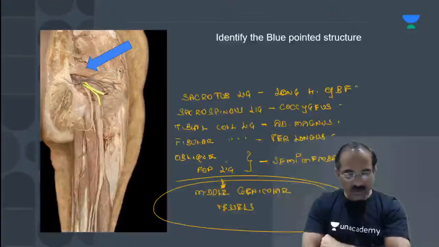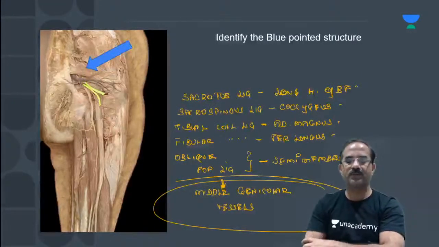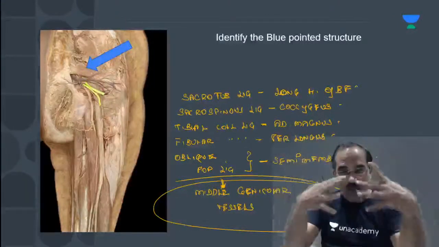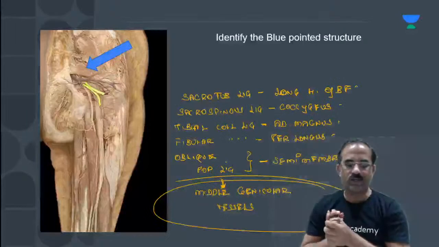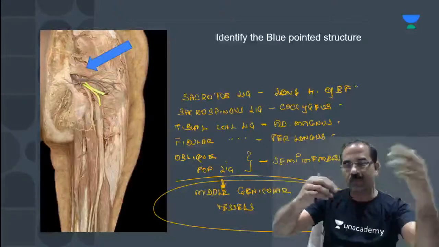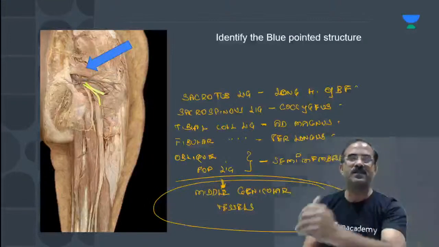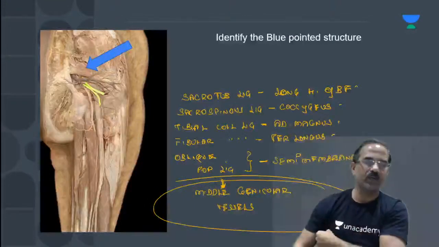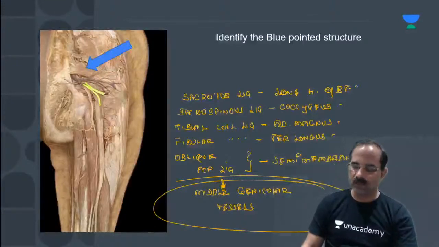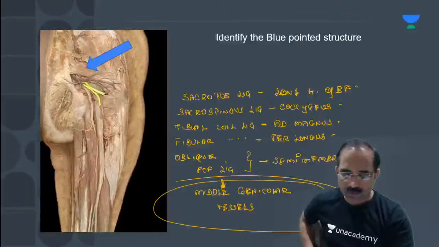Genicular arteries supply the knee joint: superior lateral, superior medial, inferior lateral, inferior medial, and middle genicular. Yes, that's a branch of the popliteal artery, and it pierces the oblique popliteal ligament. Excellent, very good to all of you.